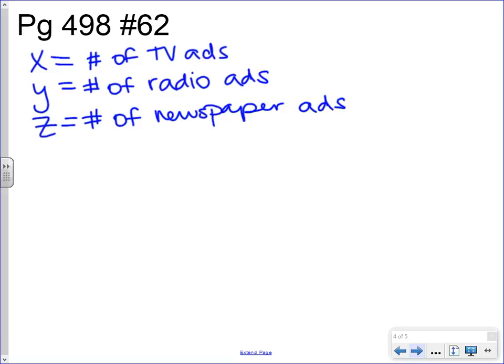We know a few things. We know that our budget is $42,000 a month. So what do we do with our $42,000? What do you say, Jackson? Set it equal to the total of all of the costs.